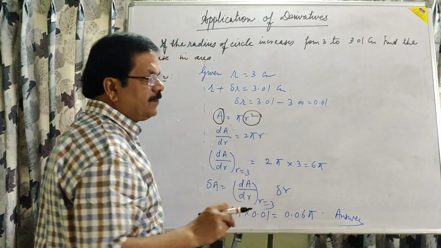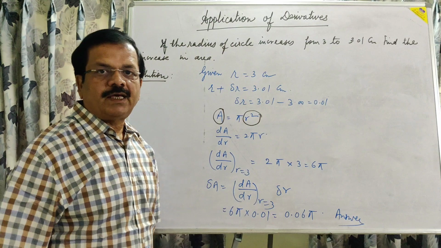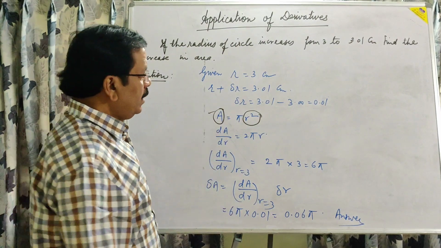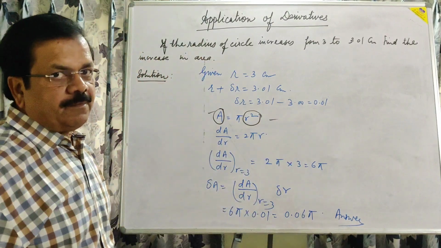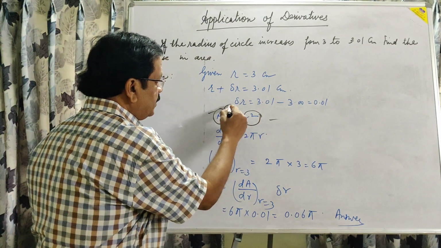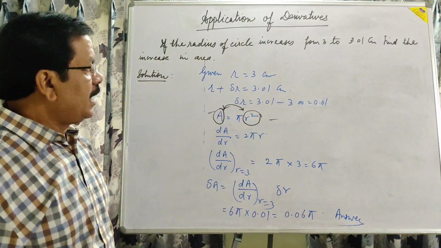In place of x and y, here we are using the variable A for area and r for radius. Both A and r are related with a certain relation, that is A is equal to pi r square.